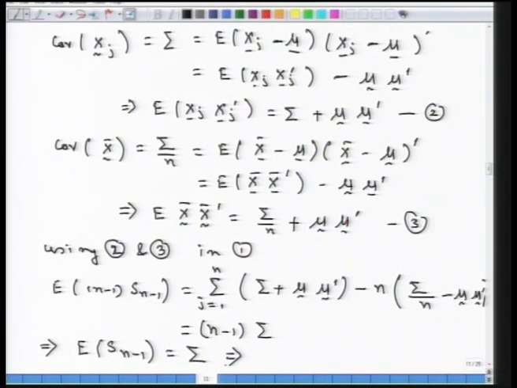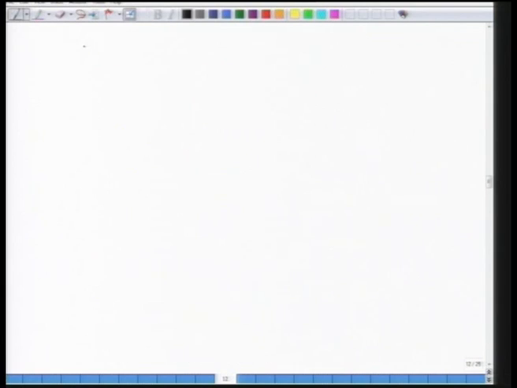So this will imply that S_{n-1} is an unbiased estimator of the population variance covariance matrix, that is sigma. Now if on the other hand we take S_n, it is not going to be an unbiased estimator of sigma. Why?